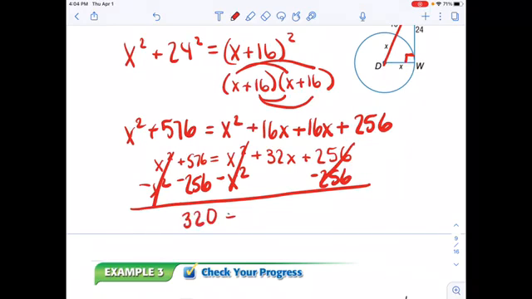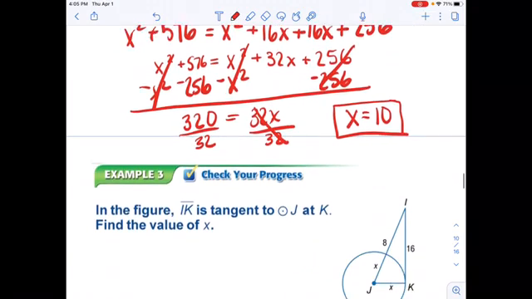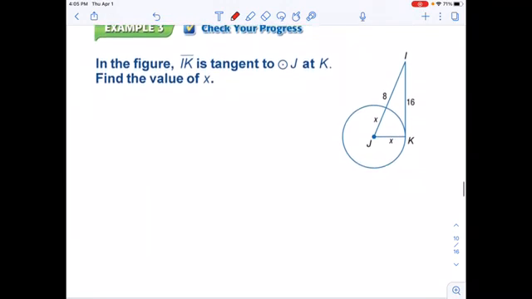We get 320 equals 32x. This solves pretty nice. X is equal to 10. That's it. So we'll do another one just so you can see that FOIL step again, try to visualize it, and then we'll move on.